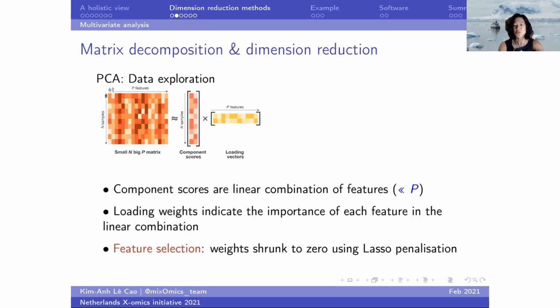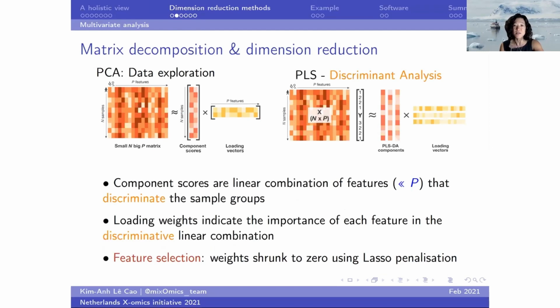So this is just PCA, but you can then extend the same concept for more sophisticated problems. For example, in discriminant analysis, what you're trying to do is discriminate different groups of patients here. So here they're indicated by 1, 2, or 3. And so you're trying to identify components that explain the differences between the sample groups.